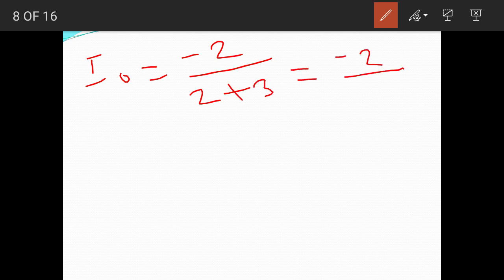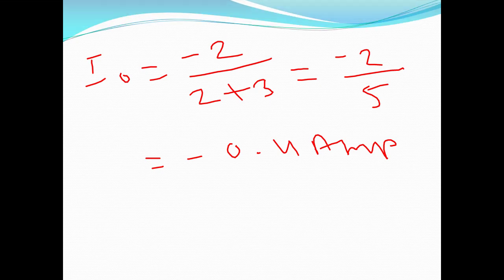So the value is minus 2 upon 5, that is minus 0.4 ampere. This is the value of I0 that flows in the 3 ohm resistance. So this is the procedure of finding current in any branch of the circuit using Thevenin theorem.